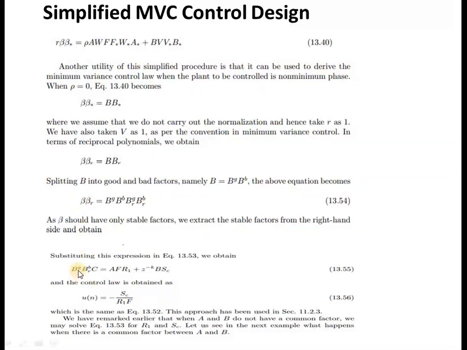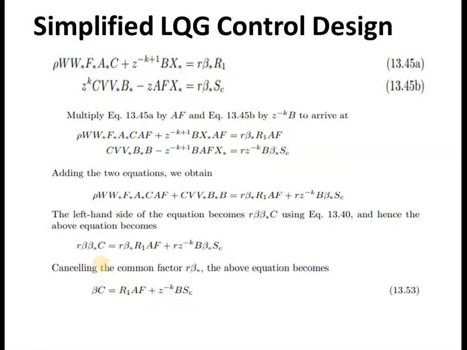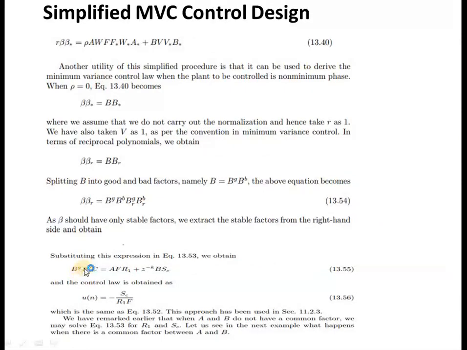Here you can see beta raised to g into beta r raised to b into c. We have to put the value of beta in the previous Aryabhatta identity, that is this equation. Here we put the value of beta, beta raised to g into beta r raised to b into c. This is the same equation as before.